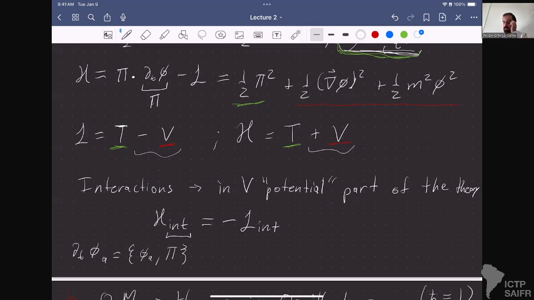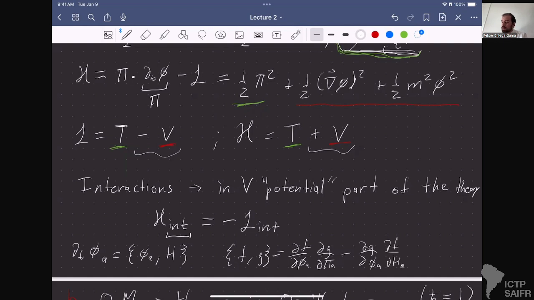And this Poisson bracket, sorry, the Hamiltonian, is just defined to be some derivatives with respect to the fields themselves. Okay. So you can use this Poisson bracket to look at the time evolution of each of your fields.